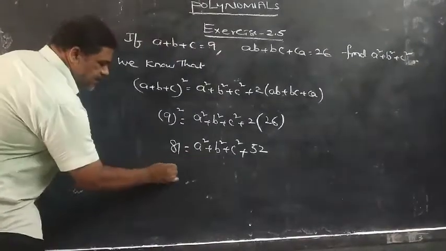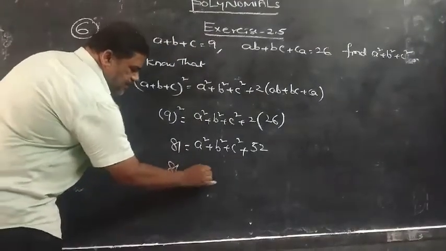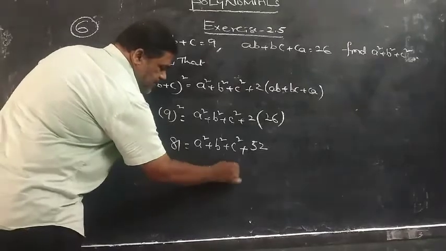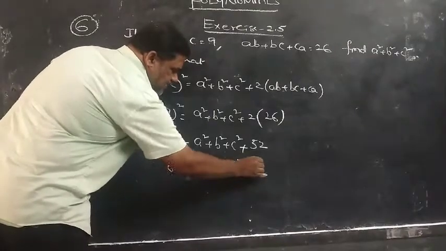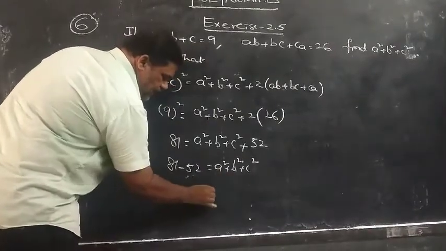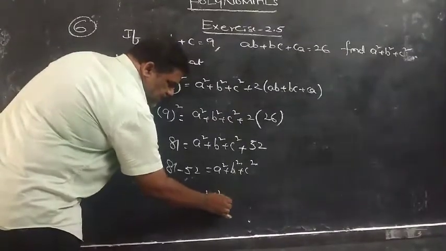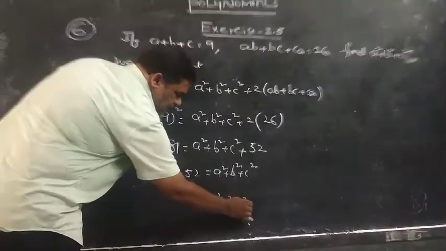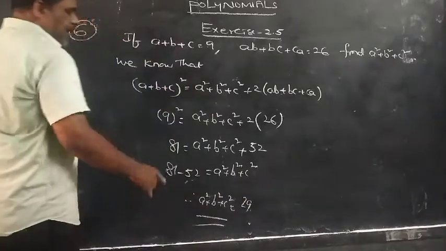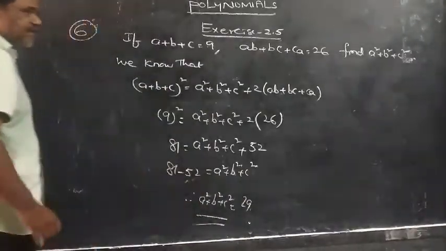Send 52 this side. 81 minus 52 is equal to a square plus b square plus c square. Therefore, a square plus b square plus c square is equal to 29. 81 minus 52 is 29.